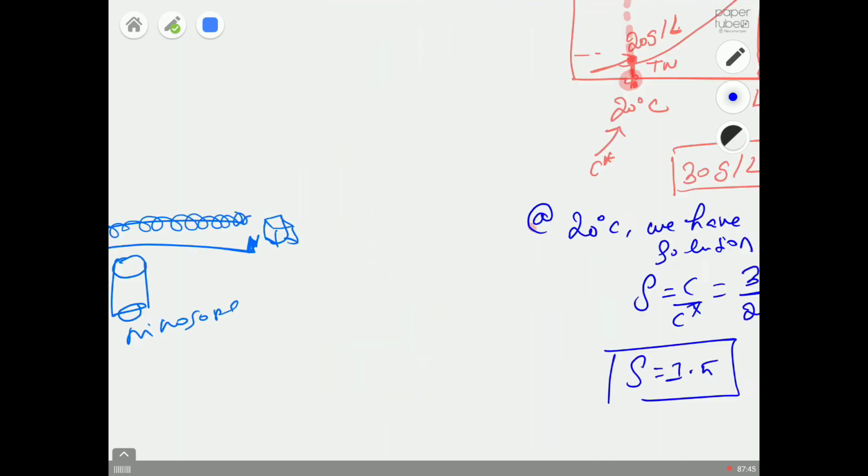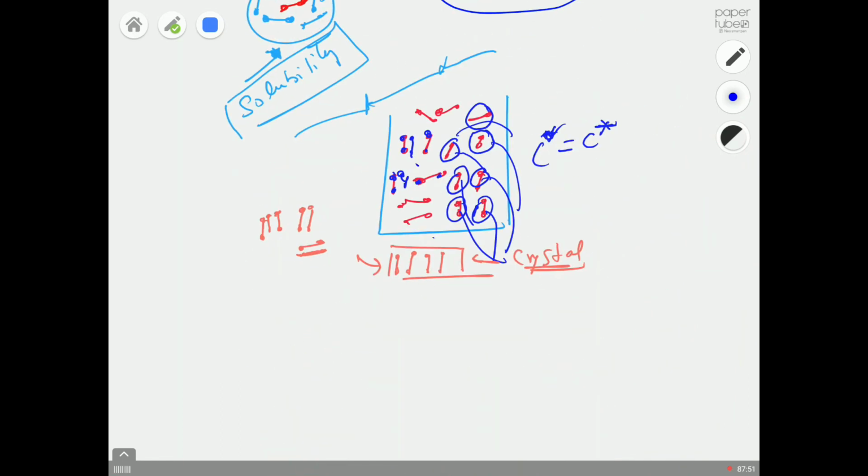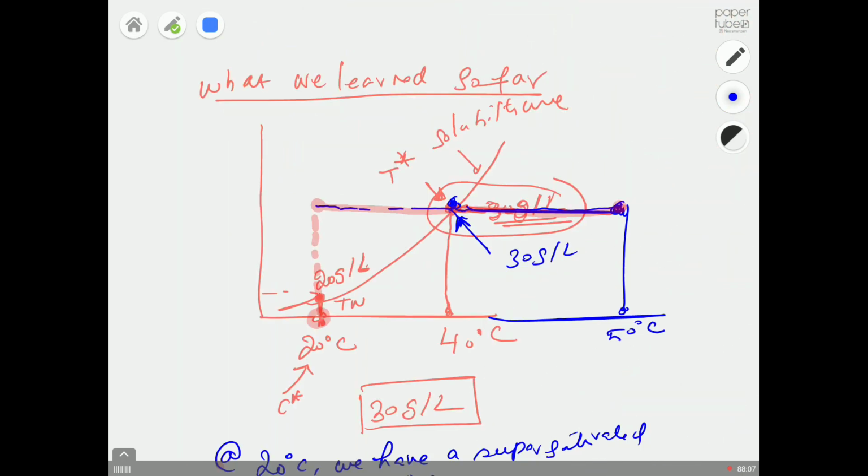Just now I said to you through all these images that when you have some concentration in excess, the molecules will try to come together and make clusters, and then they will eventually settle into solid. If that is the theory, then going back to the solubility curve, why do we have a supersaturated solution?